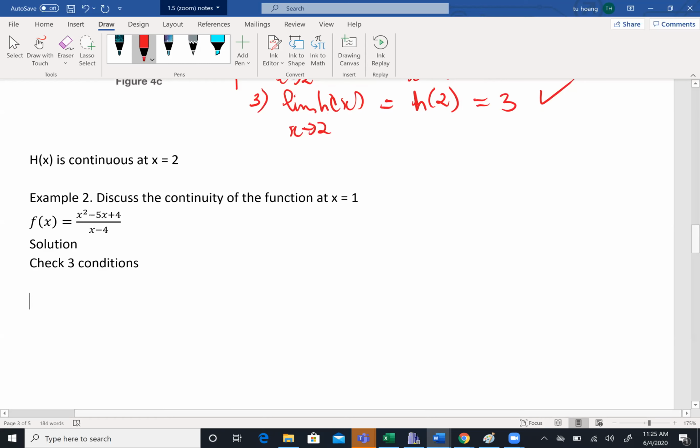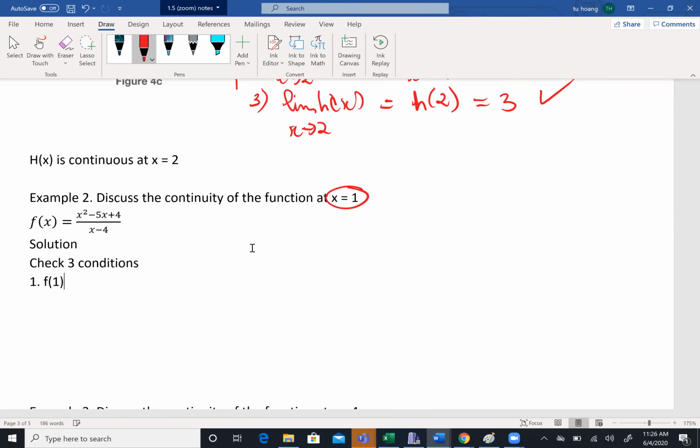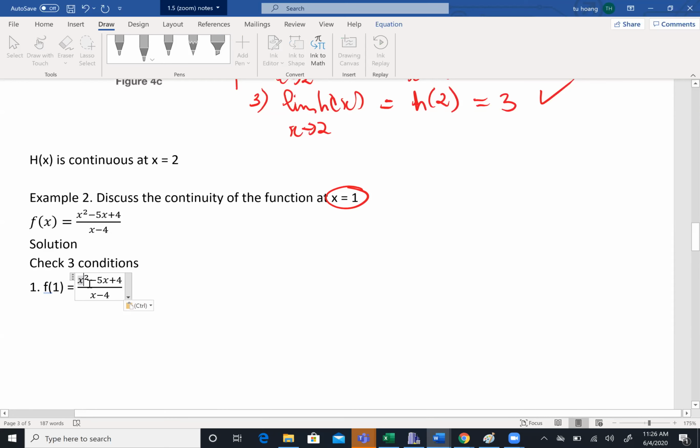Okay, so the first one is f of what? a here is equal to 1, so f of 1. What will f of 1 be equal to? Copy this down. The x now becomes 1 because the input is 1.